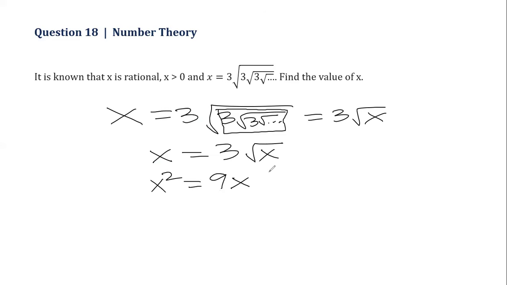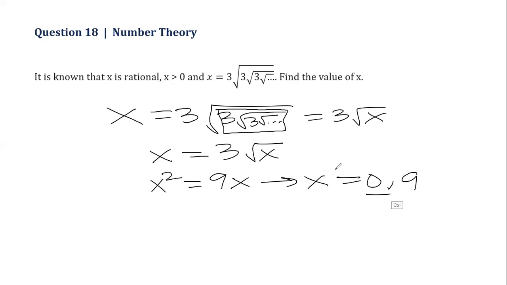Okay. So yeah, you got pretty much this. There are 2 solutions to this: x is equal to 0 or x is equal to 9. So 0 and 9 are both rational.